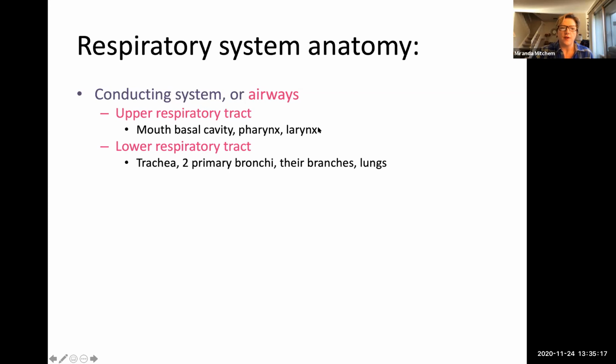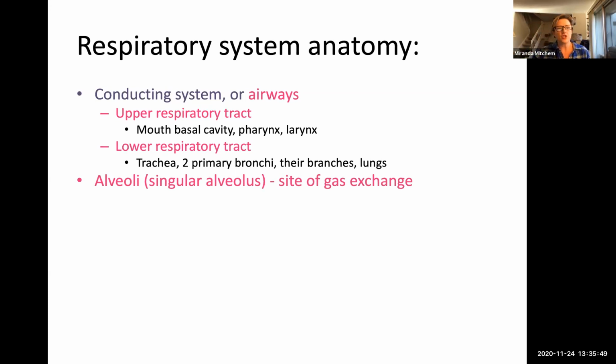By far, there are way more infections in the upper respiratory tract of a person compared to the lower tract. Part of the job of the upper respiratory tract is to protect the lower respiratory tract, the lungs, from any type of infectious or physical insult. So the airways are commonly referred to as the conducting system.